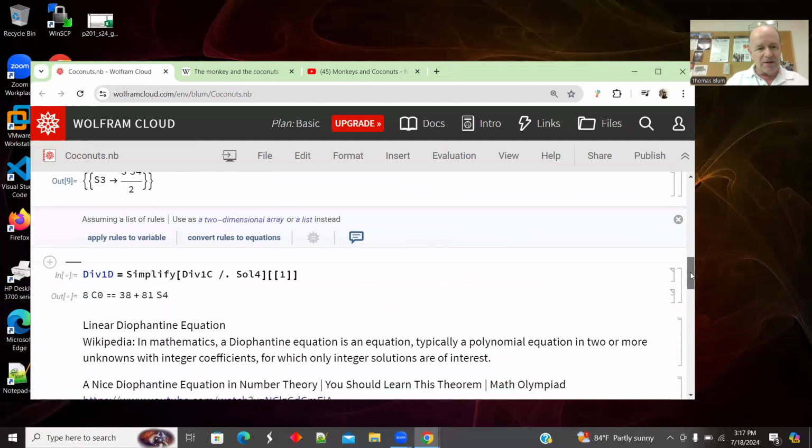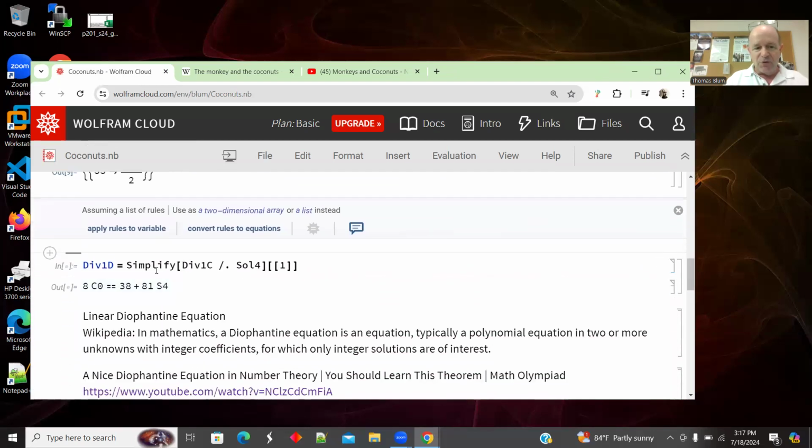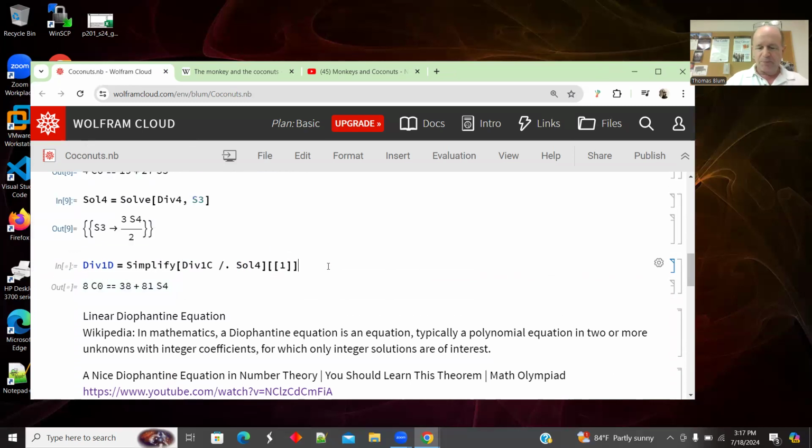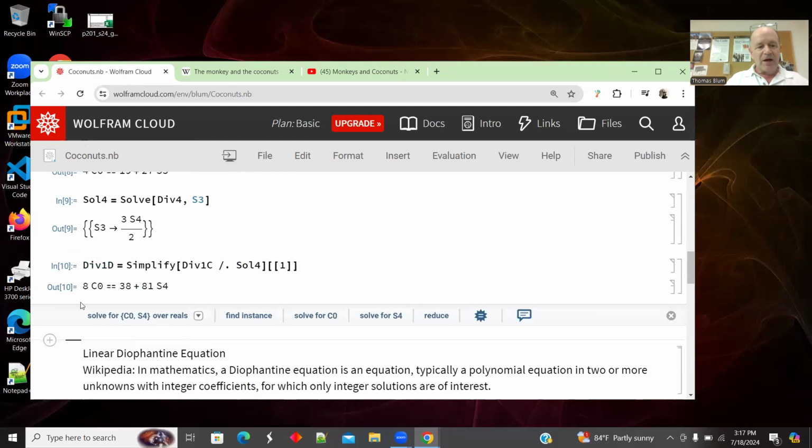Solve that, substitute, simplify, grab the one term. Okay, and so here is the equation. The equation obtained in the Numberphile video is of a similar form. The coefficients are much bigger because they're doing 5 and I'm only doing 3. So these numbers end up much larger.